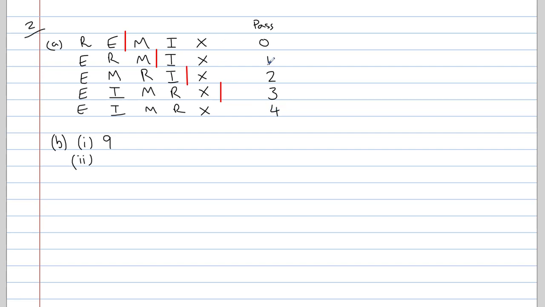So for example, if we went back to pass 1 here, the maximum number of swaps was 1. Pass 2, when we were comparing this number, the maximum would have been 2. And so the maximum number on pass 6 will always be 6 swaps. It doesn't even matter how many items are in the list, that will always be the case.